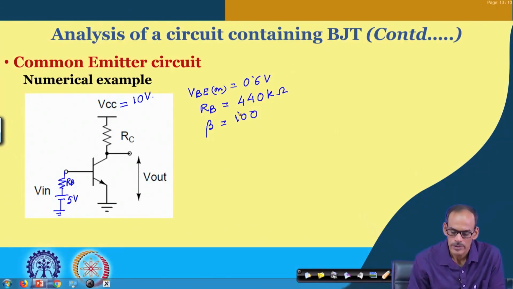Also RC equals, say, 2 kilo ohm. Then can you find V out?